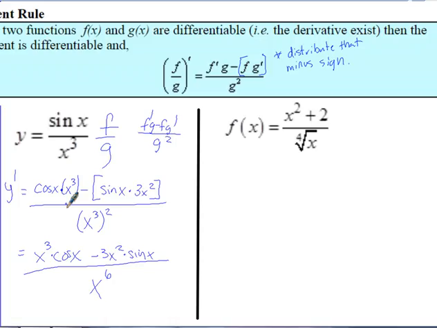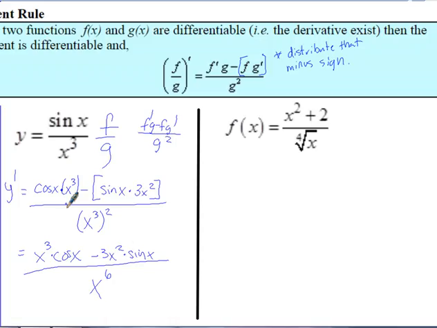So, can I do anything else? Maybe this is kind of an algebra. Do they all have something in common that I can take away from all three of them? An x squared. Does everybody see that? They all have at least an x squared. So now this one has an x cubed. Can I take away three of them though? And the reason is no, because this one doesn't have three.